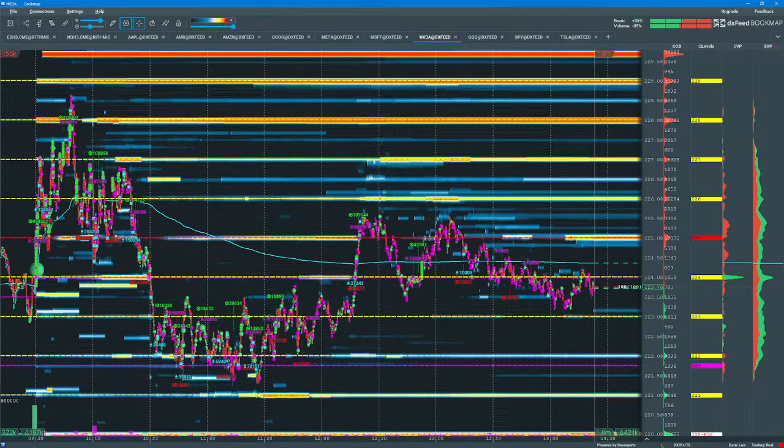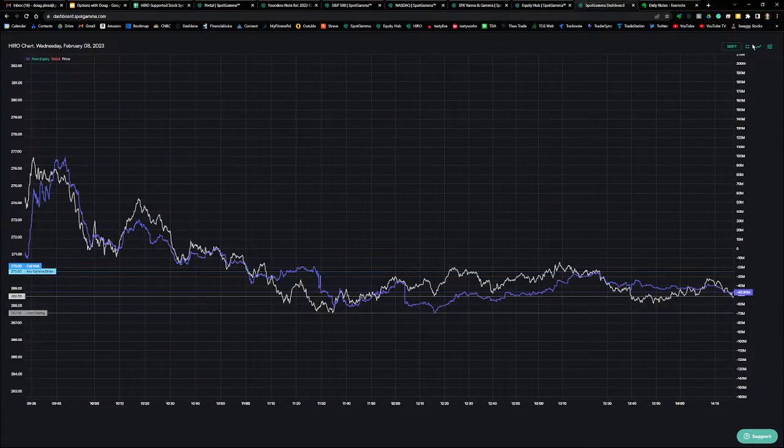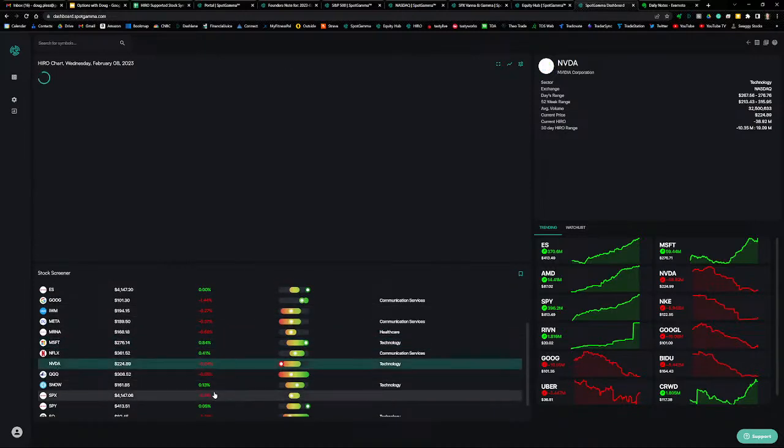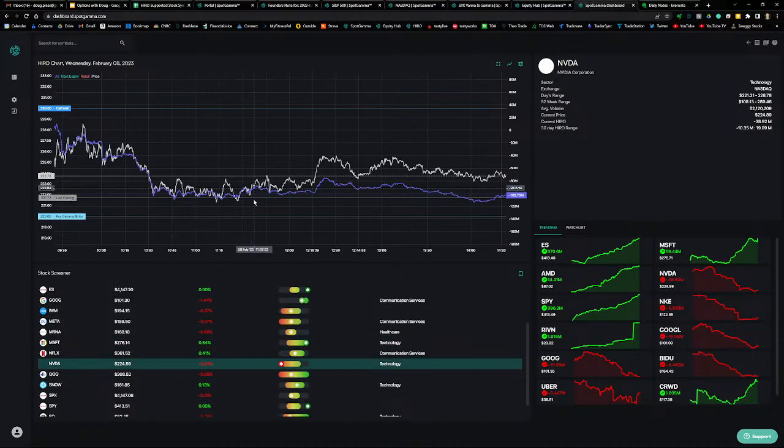And pretty choppy price action in NVIDIA. Let's take a look at Hero. Confirmation short in the morning.